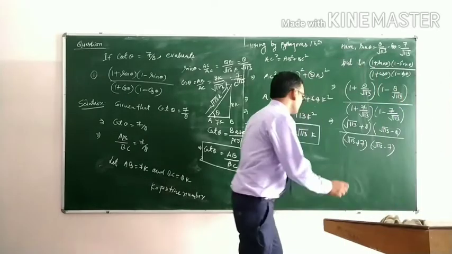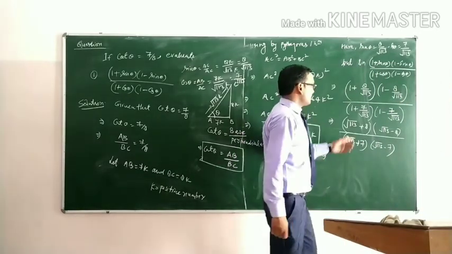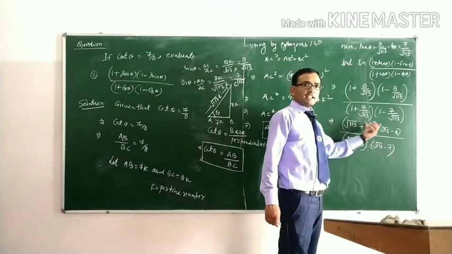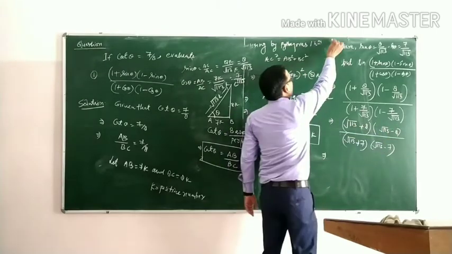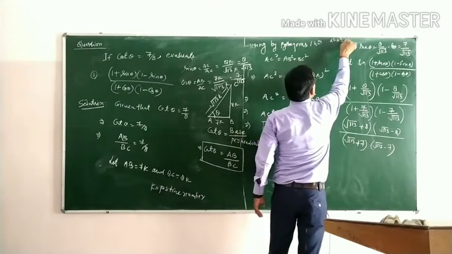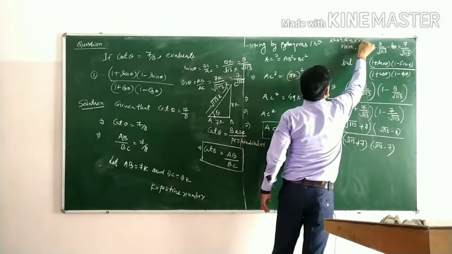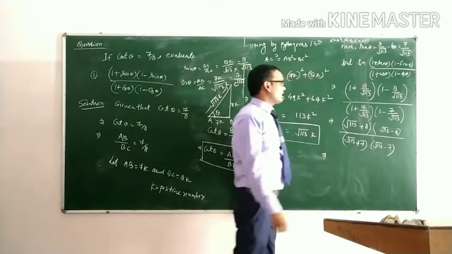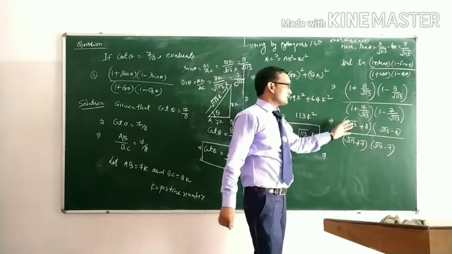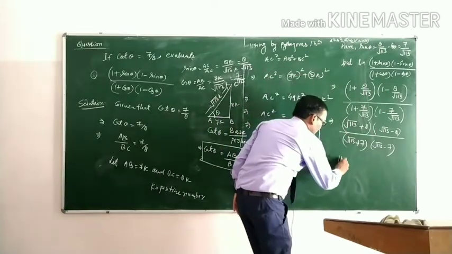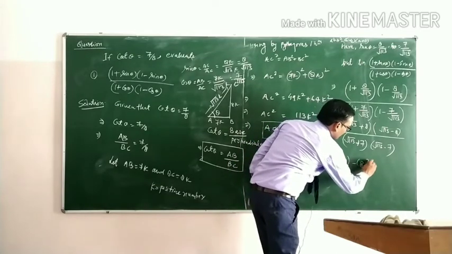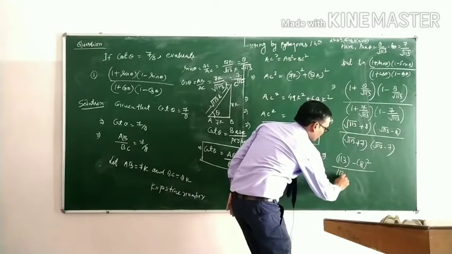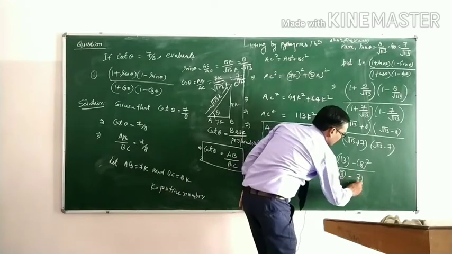Now we use the formula (a plus b)(a minus b), that is a square minus b square. Using this formula we can solve it: (square root 113) square minus 8 square upon (square root 113) square minus 7 square.